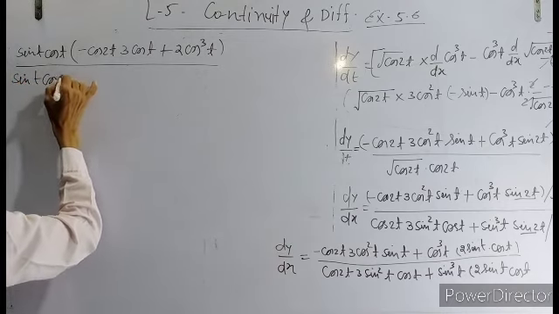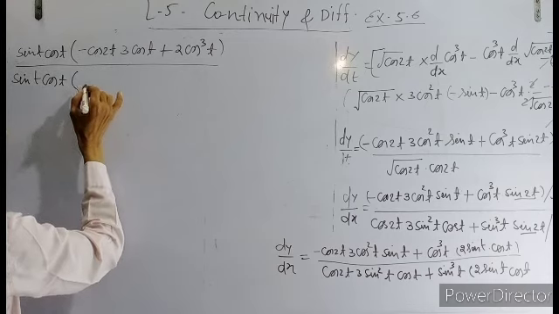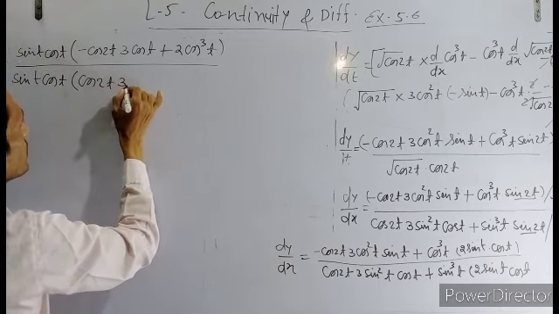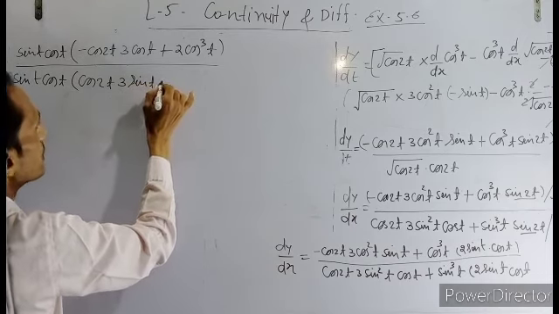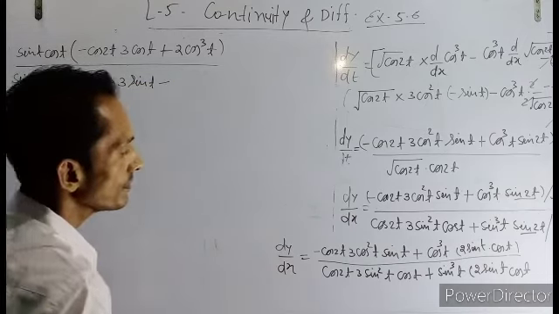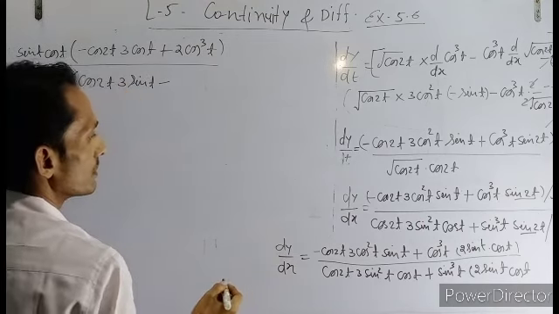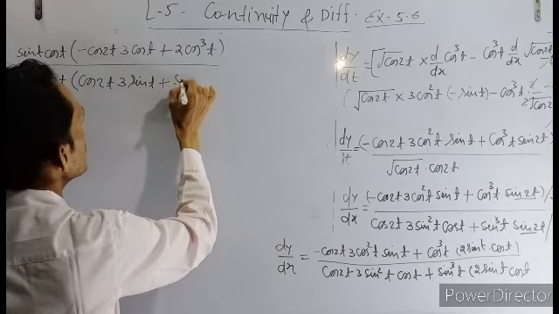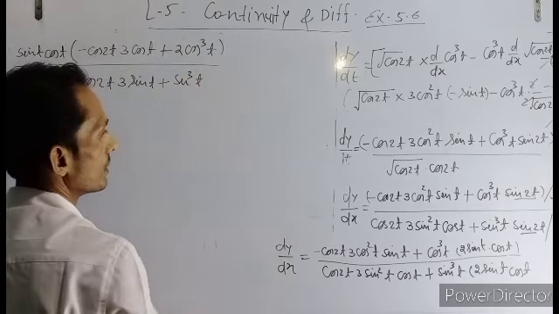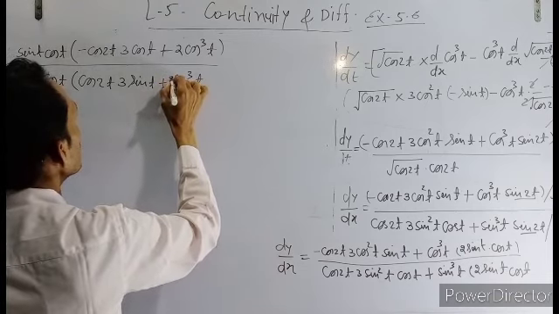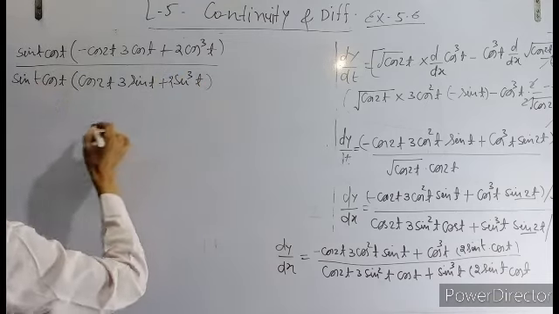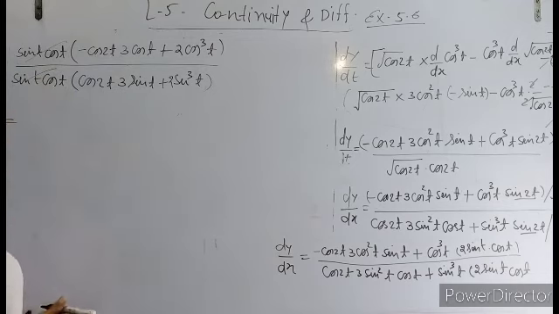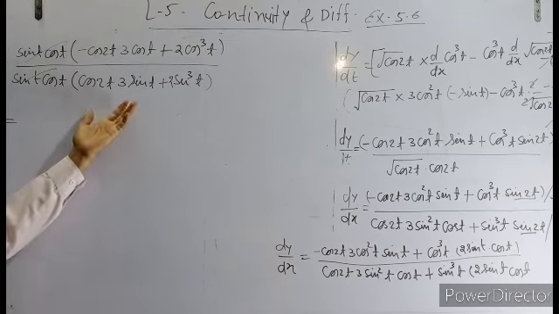Cos 2t into 3 sin t plus 2 sin cube t. In this way you can see that they will cancel out. What will come after this? After that you can observe that we have to simplify.